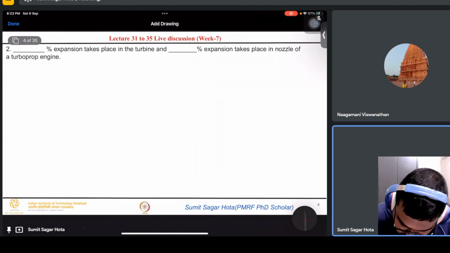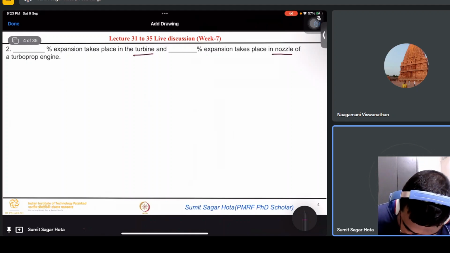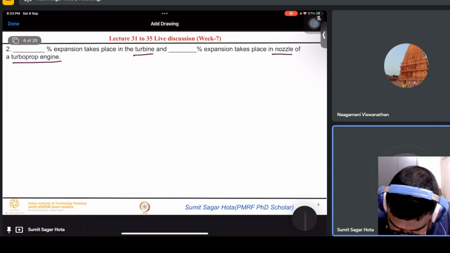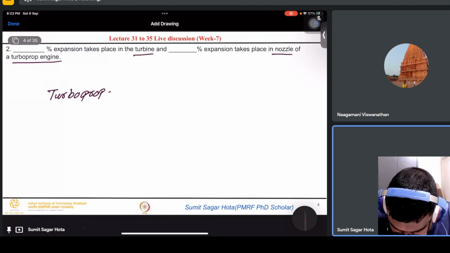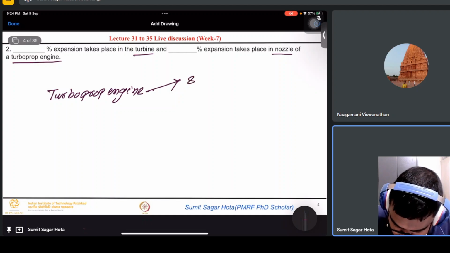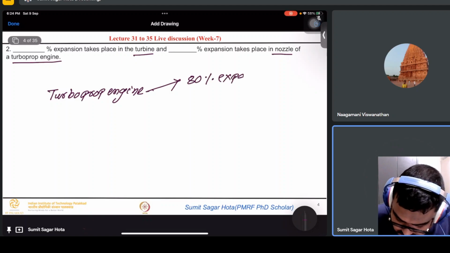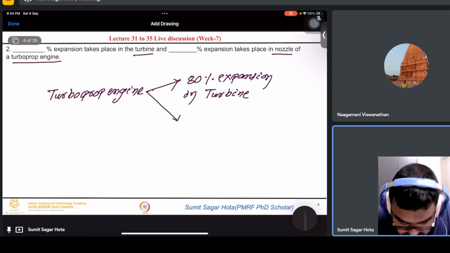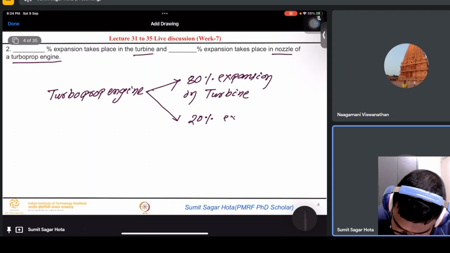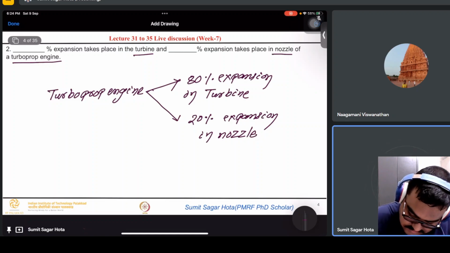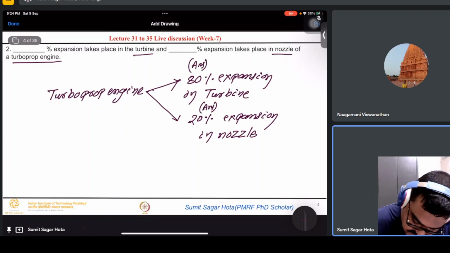In the turbine of a turboprop engine, 80% expansion takes place, and in the nozzle, 20% expansion. So this is the answer, 80 and 20.